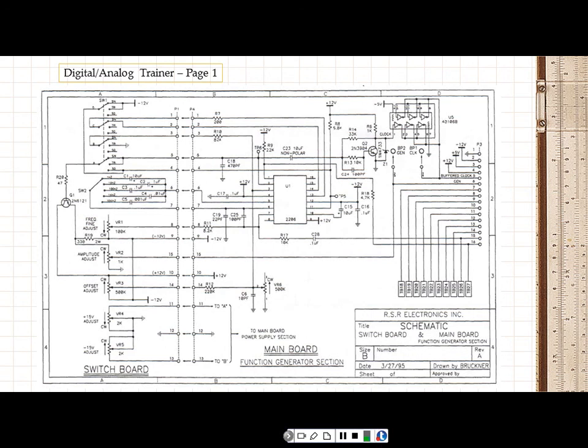I got a big nice reel, which is out of date now. But I've got the schematics on it, right? So if they do break, I can keep them fixed. Now when you go out and buy a TV, you don't get one. In fact, if you work on their TVs, you have to sign a disclosure saying that you will not give those schematics away. Because it used to be only a few people made TVs.